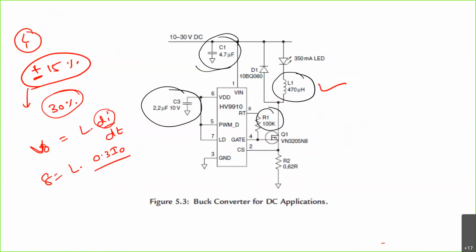So this is the one, right? So this V naught equal to L into di by dt. We are designing for the worst case. So let us assume the change in the current is 30% variation, right?